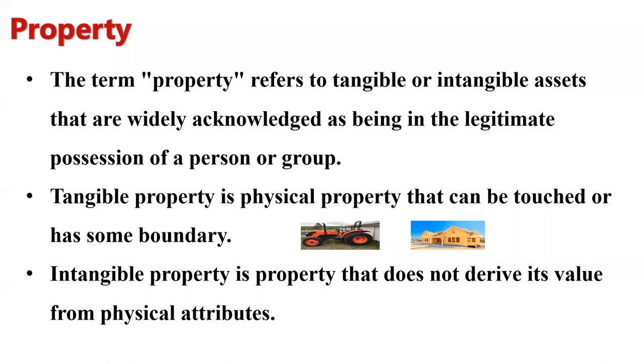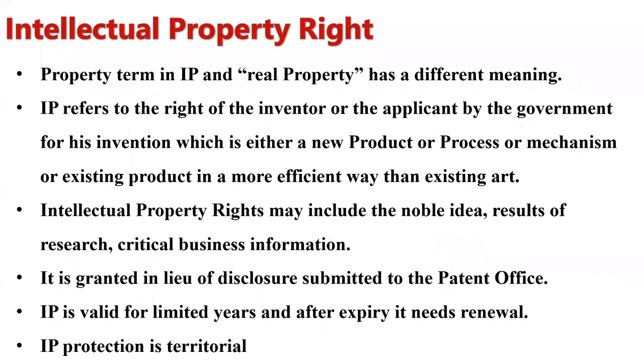But intangible property is a property that does not derive its value from physical attributes. So we are not talking about tangible property, we are talking about intangible property. Now I am expanding the word, adding some more words to property: intellectual property rights.